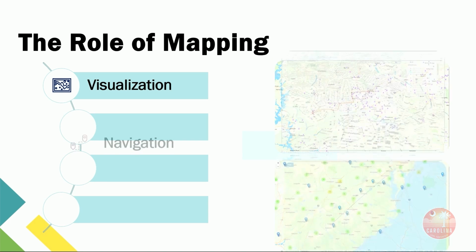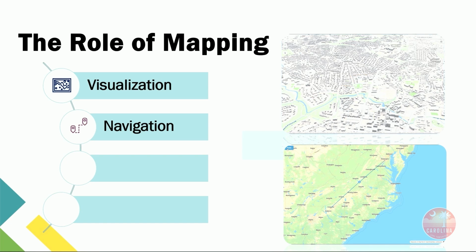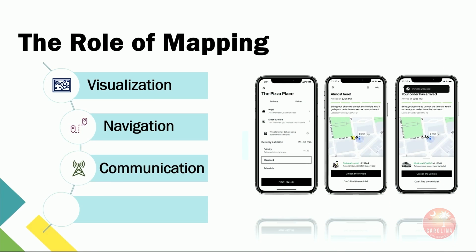All right. Next is navigation. So apps like Google Maps is a common one that a lot of us use, or Apple Maps. They do help us go from point A to point B, whether that's like walking or driving or even flying. And it's another good reason to use maps. Another one is mapping with communication.